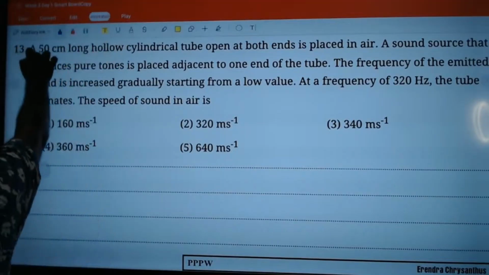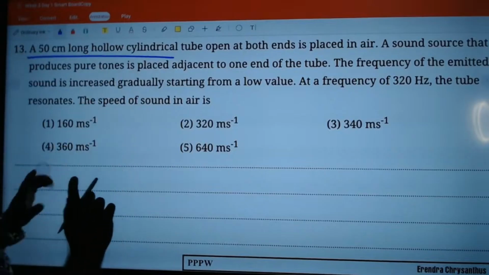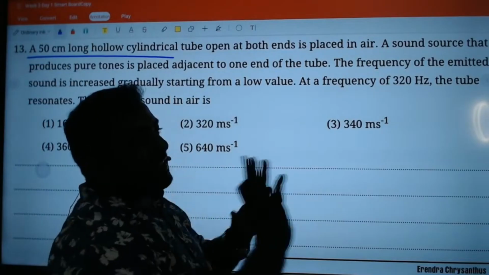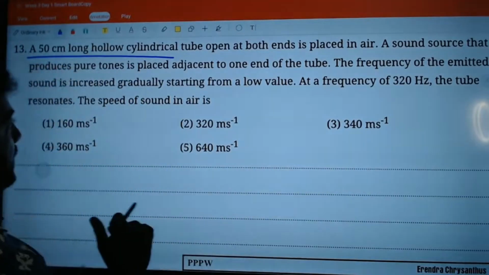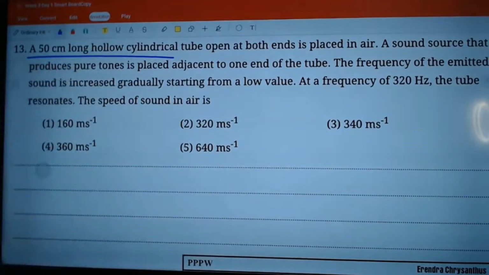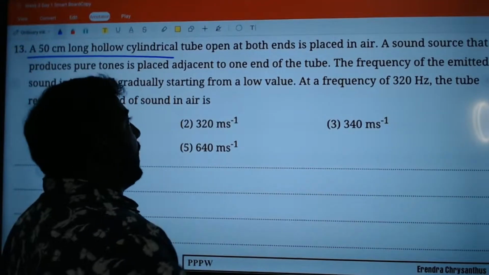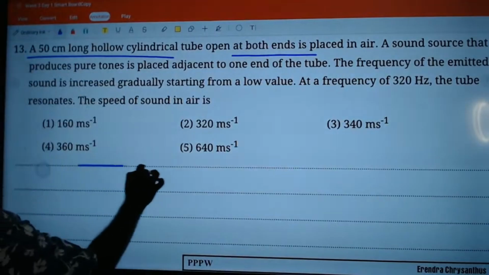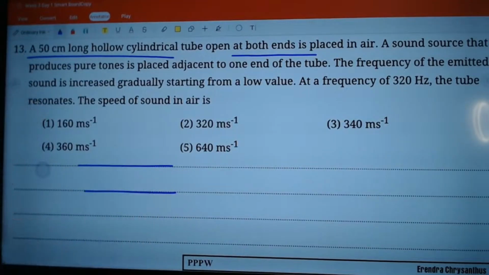A 50 centimeter long cylinder, you can see 2000 paper done, 2002 paper done, 2001 paper, you are easily cruising. That's experience. A 50 centimeter long hollow cylindrical tube open at both ends is placed in air. A sound source that produces a pure note is placed adjacent to one of the open ends. The frequency emitted by the sound is increased gradually from a low value.